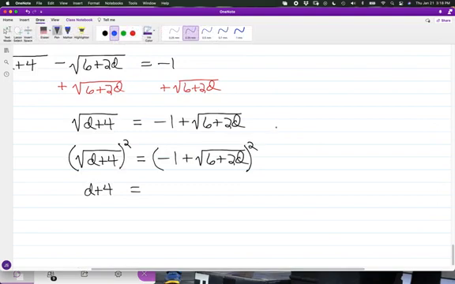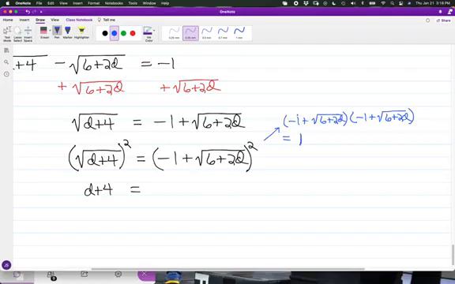you're going to have, so this would translate out to negative 1 plus the square root of 6 plus 2d times itself. And if I take the FOIL, now we got negative 1 times negative 1. This will be a positive 1.